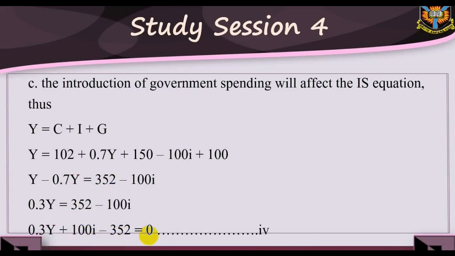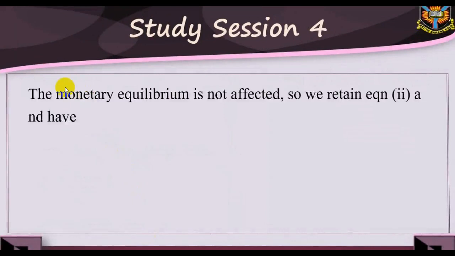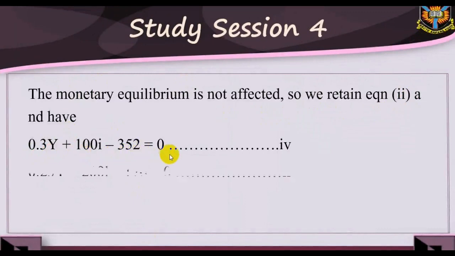That's equation 4. The monetary equilibrium is not affected, so we retain equation 2.